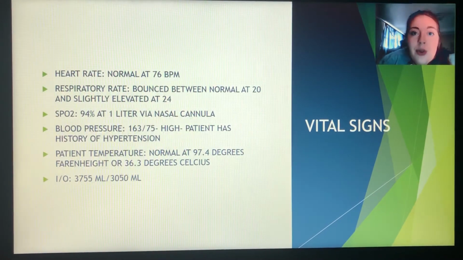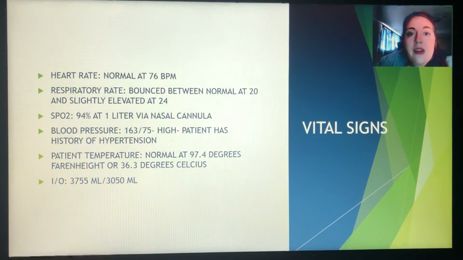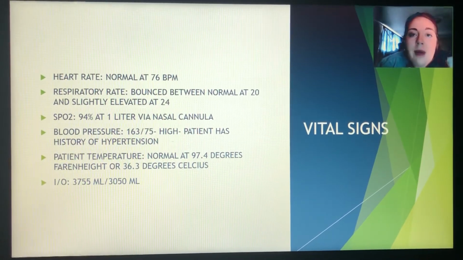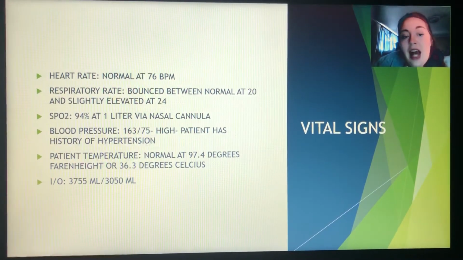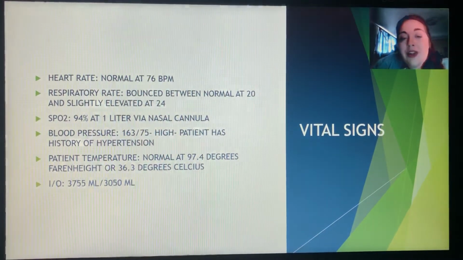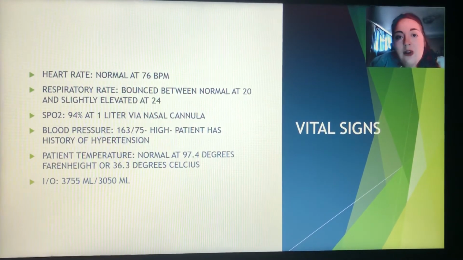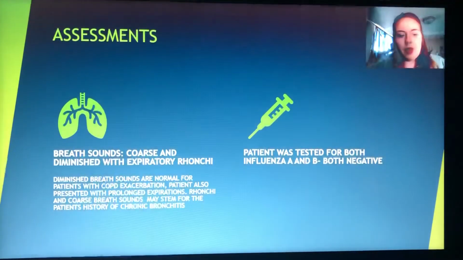The patient's blood pressure was high at 163/75, but as noted previously, this patient does have some hypertension. The patient had a normal temperature at 97.4 degrees Fahrenheit, which converts to 36.3 degrees Celsius, and the patient's ins and outs were normal.